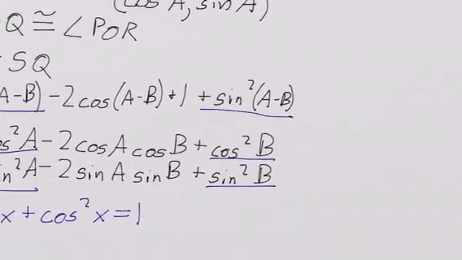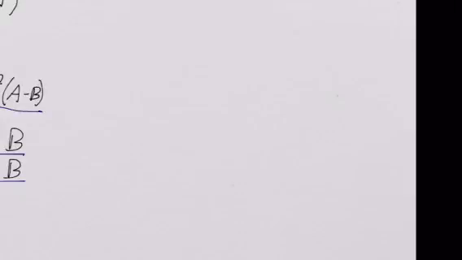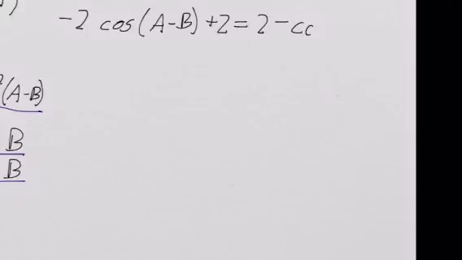So that's going to give us minus 2 cosine of a minus b plus 2 is equal to 2 minus 2 cosine a cosine b minus 2 sine a sine b.